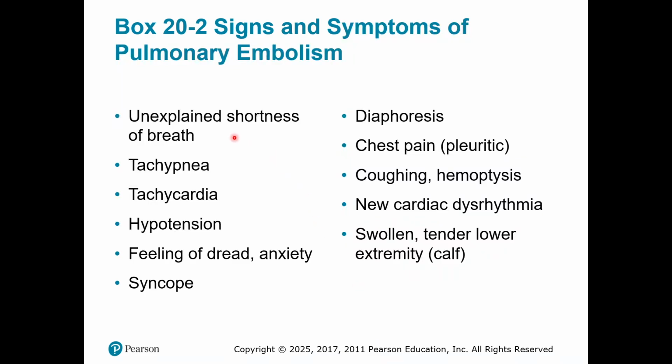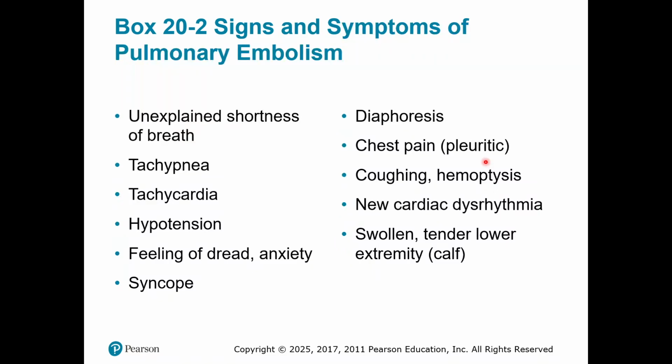Signs and symptoms: unexplained shortness of breath, tachypnea, tachycardia, hypotension, feeling of dread and anxiety. Yep, that's a big one. And the ones I've had, that was the sign that was telling you that they were going to die. Syncope, diaphoresis, chest pain. This would be pleuritic chest pain, not cardiac chest pain.